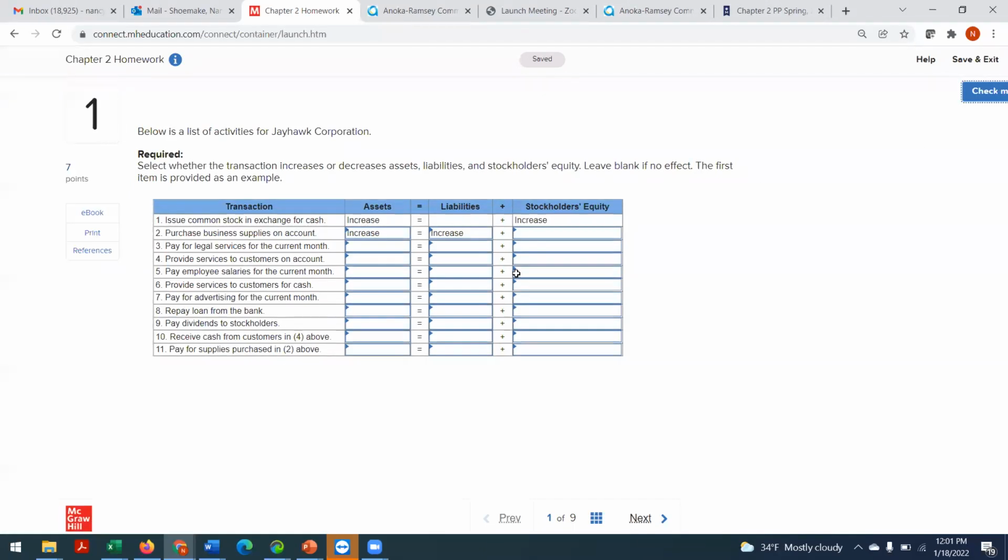Okay. Pay for legal services for the current month. When we pay for legal services, that means we use cash. So our asset cash would be decreased. And wouldn't our stockholders' equity, because of rent expense, also be decreased?